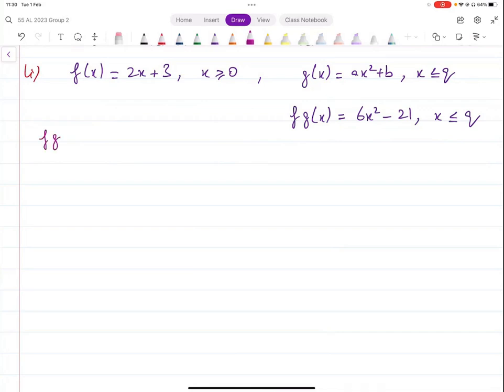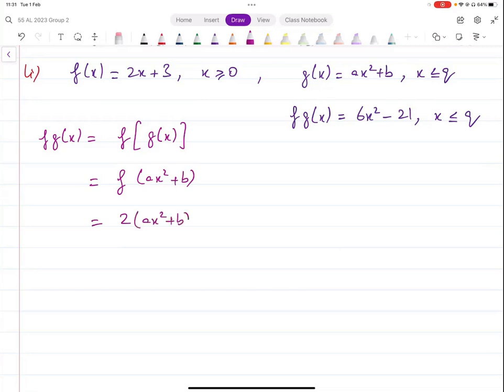Fg of x would be f of g of x. We input g inside f. So that's f of ax squared plus b. Now, wherever in the function f you had x, you replace that with ax squared plus b. We have plus 3 after that. You get 2ax squared plus 2b plus 3. That's the composite function that you are getting.